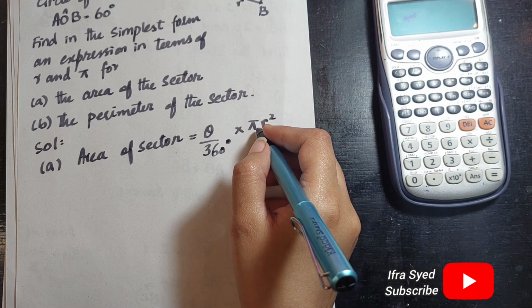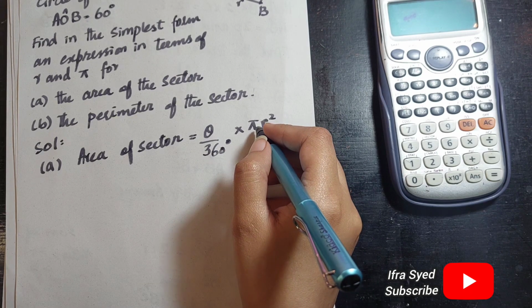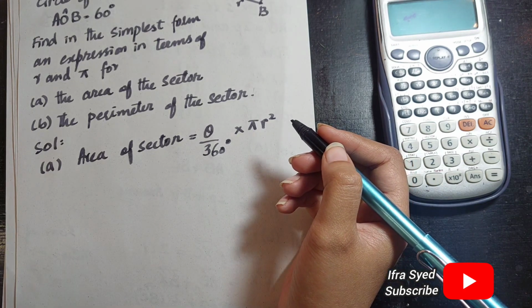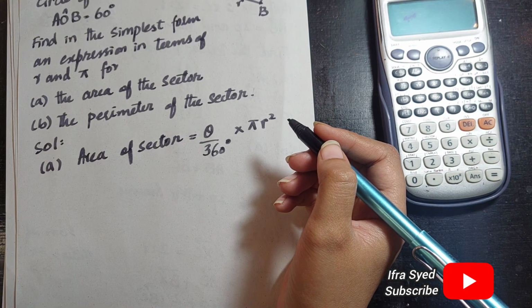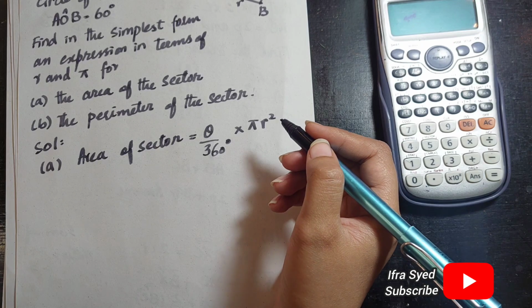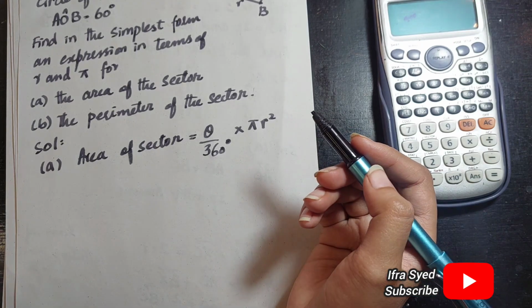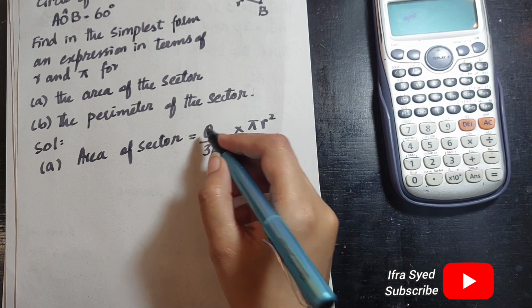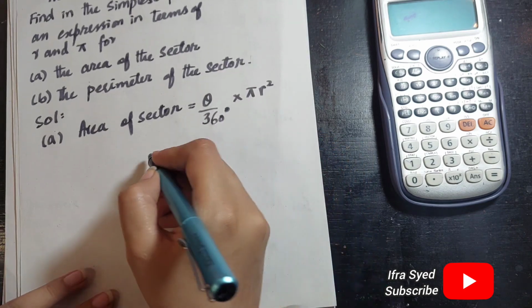The value of pi is 22 by 7, but we can also write it as pi, because in paper number 1 we are not allowed to use a calculator, so we can solve it by simply writing pi as it is.